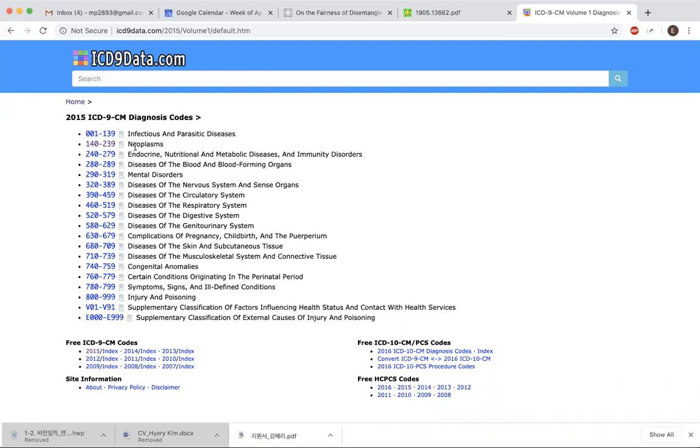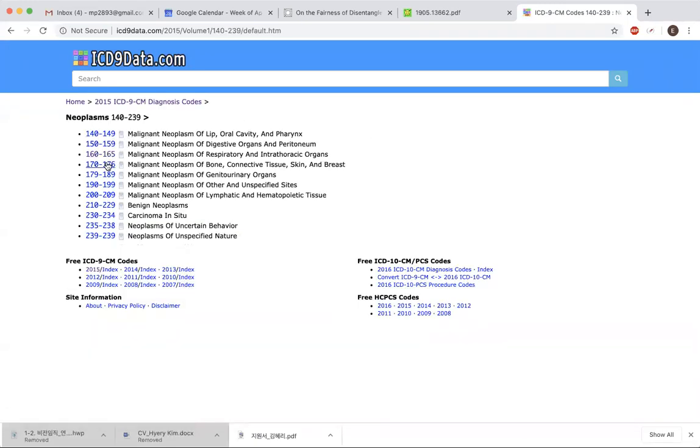All right, so yeah, we were unfolding. As I said, I think there are about 20 very high-level categories, and we were unfolding neoplasms. There are, I don't know, 10, 11 subcategories of neoplasms.